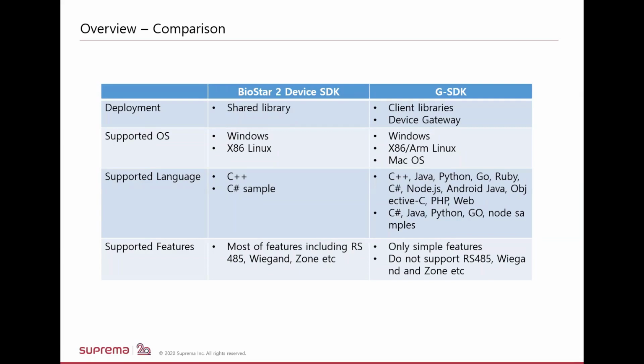In addition to Ubuntu Linux and Windows environments, GSDK also supports Mac OS. And the Device SDK provides only C# samples and a C++ library, but the GSDK provides samples in various languages as well.